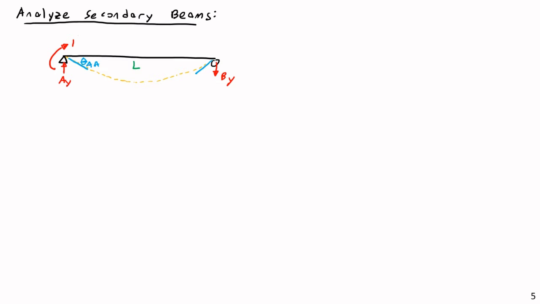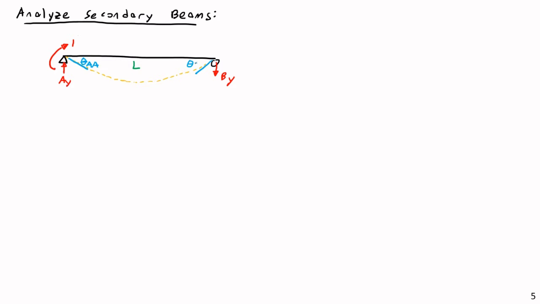That is the rotation at A caused by a unit load at A. And then we also have theta BA, which is the rotation at B from a unit load at A.